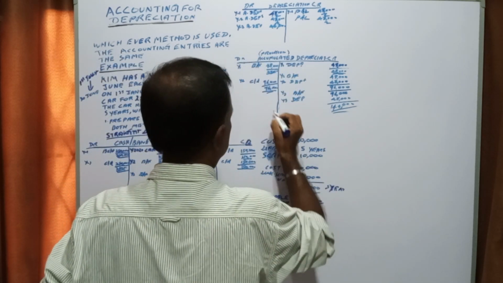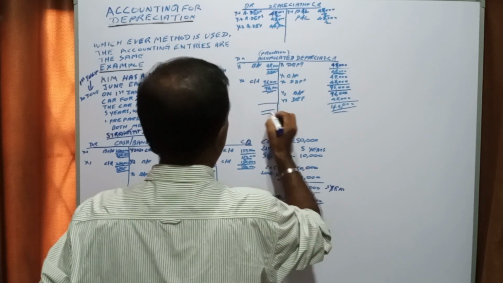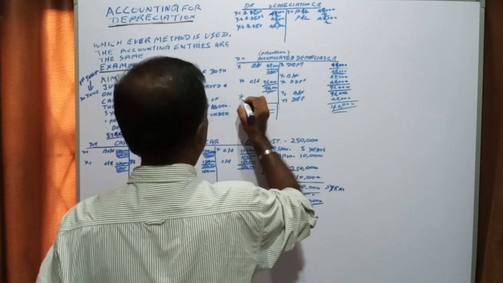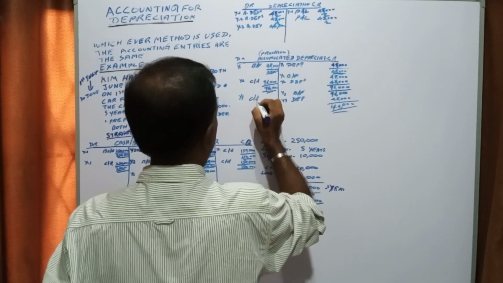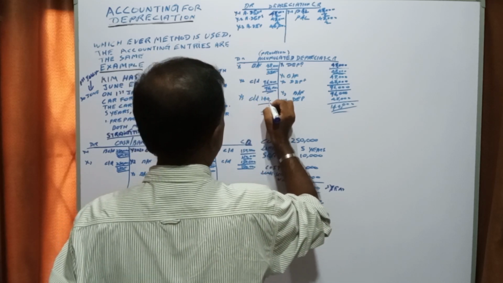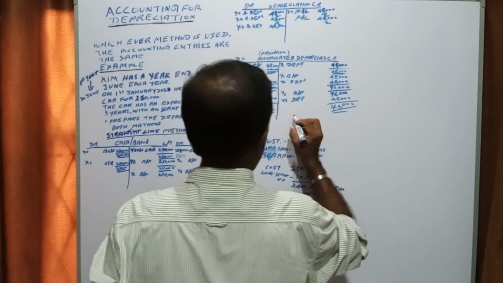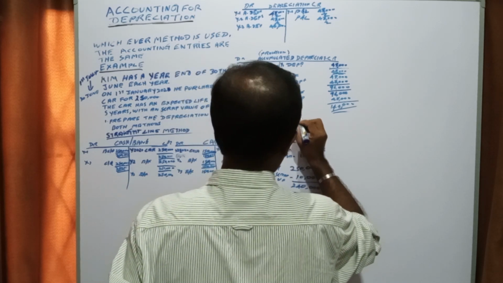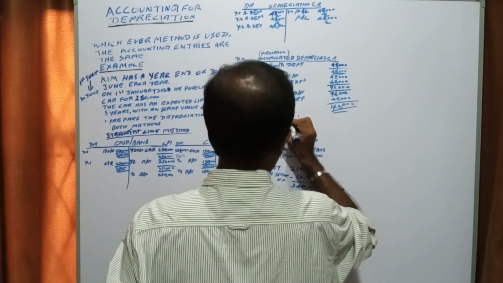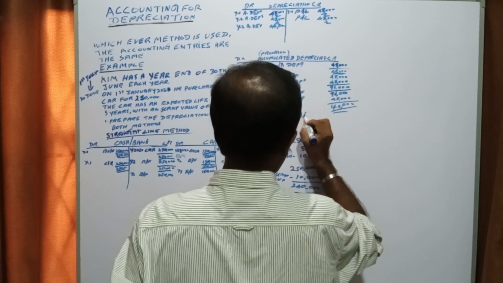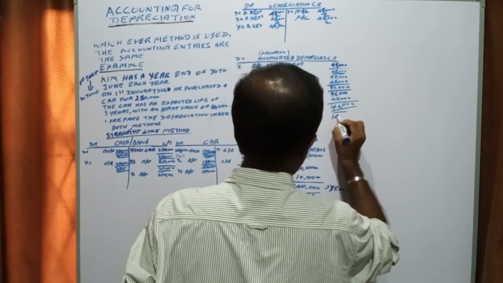This is year 3 carried down 144,000. Brought forward, year 4 brought forward 144,000.